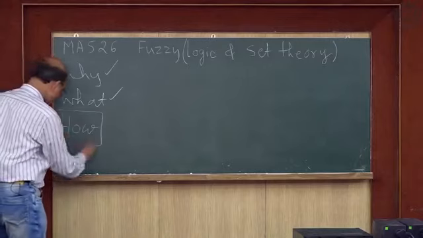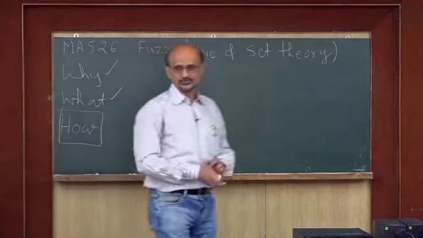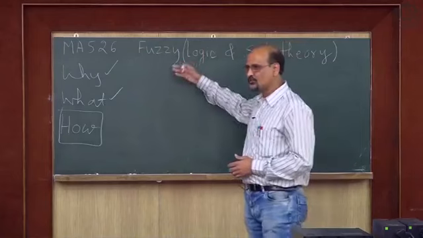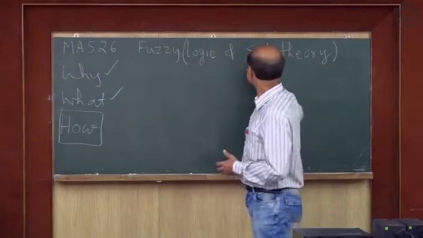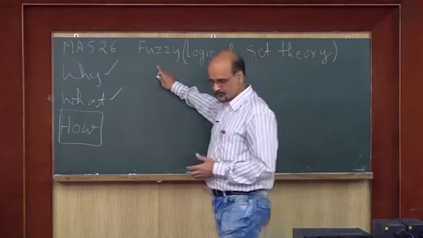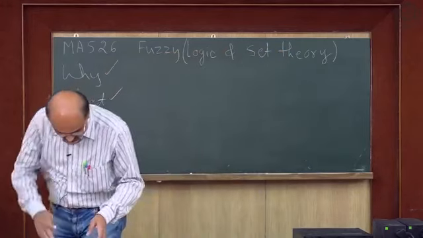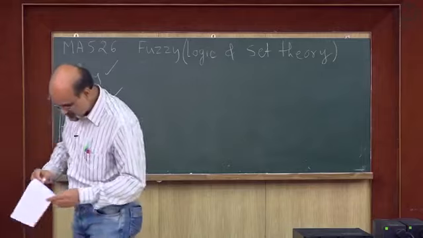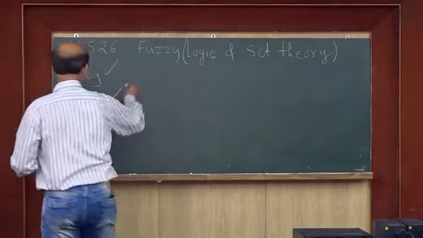How will be in this course, means we will slowly do how we will solve the problems, or how this set theory will be extended to fuzzy set theory, etc. Before that, you take first crispness and impreciseness.